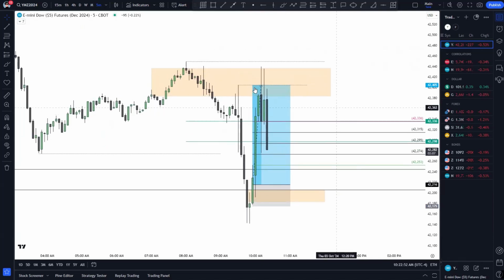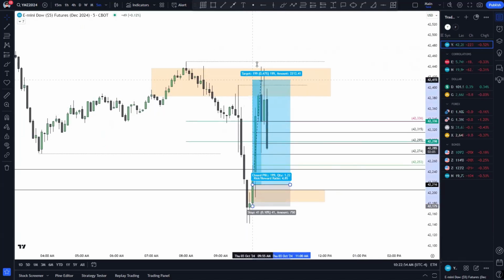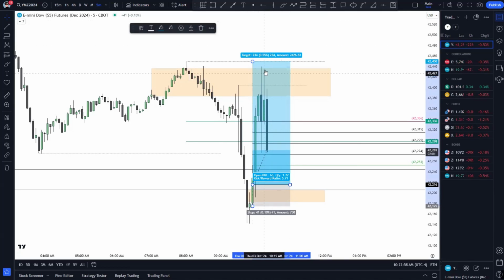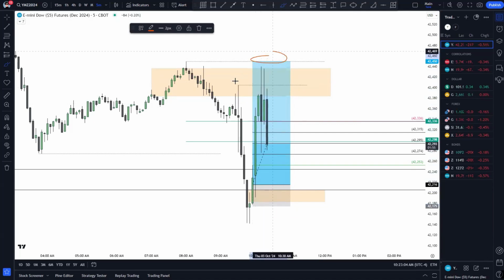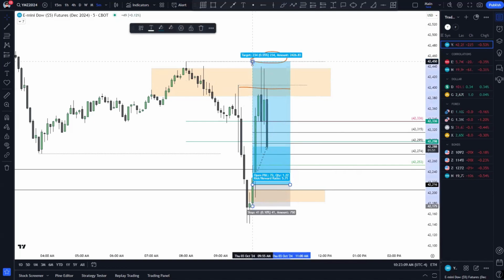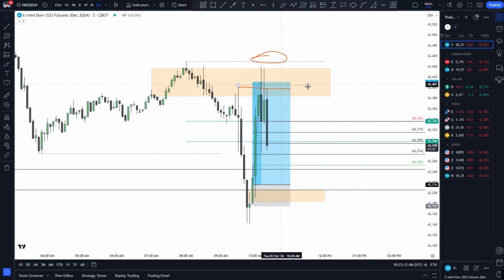Don't want to be too greedy at times, right? Like we talked about, let's say you wanted to come up into the high, it failed to take out the high, it came back down here. So if this was a 5 to 1 R and 4 to 1 R was down here, if it failed to come up to a 5 to 1 R, just take it out for a 4 to 1 R as price reverses lower. You don't want to be greedy.